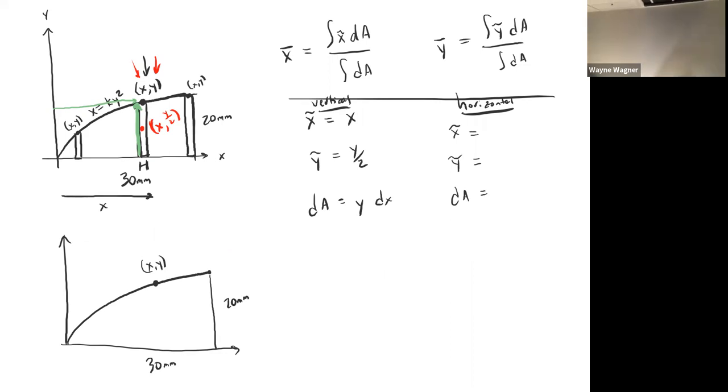But this time I'm going to do a box going this way. So the coordinates here are X comma Y. What we want to know now is the centroid of this thing. This one won't be as easy as the vertical. So let's start with the dA. What's the length and what's the width of this thing?